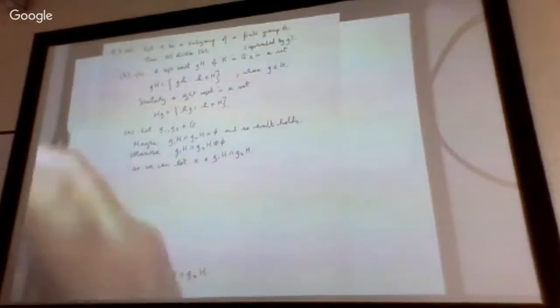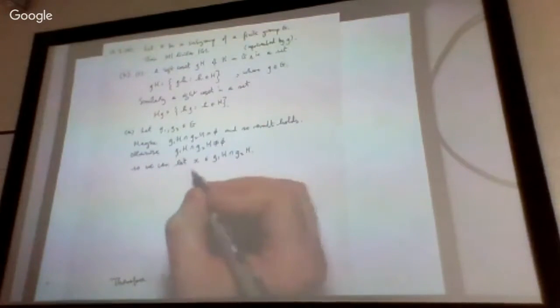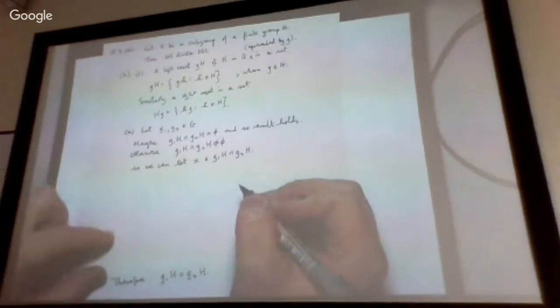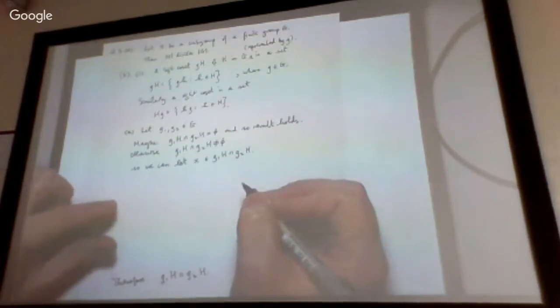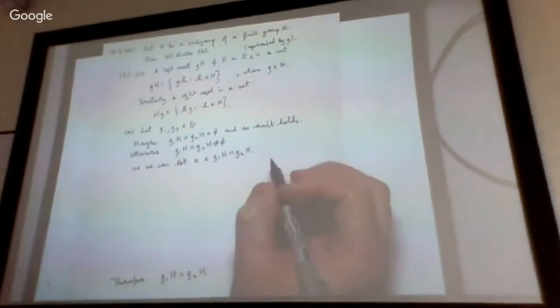That's normally a good systematic way, and if you can show that, then the two sets are equal. So that gives us two little arguments to produce here: G1H is contained in G2H, and vice versa, G2H is contained in G1H.